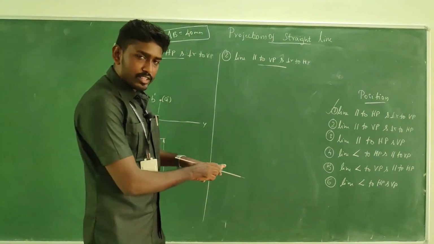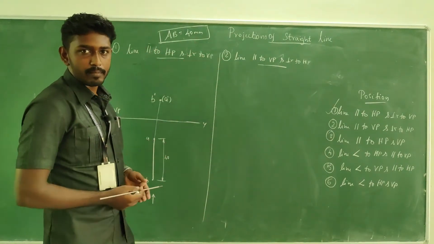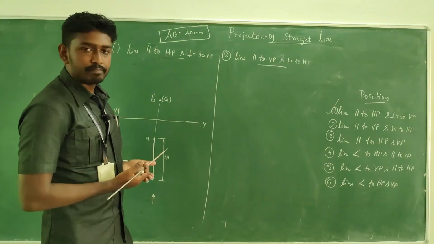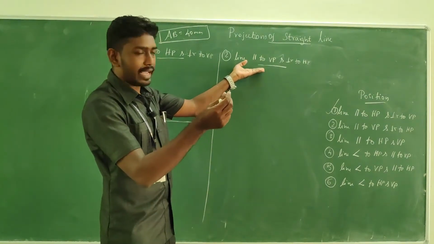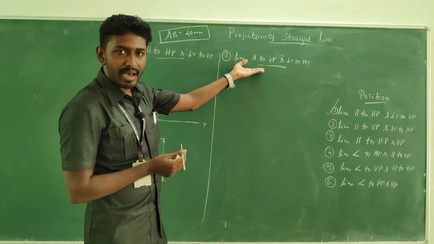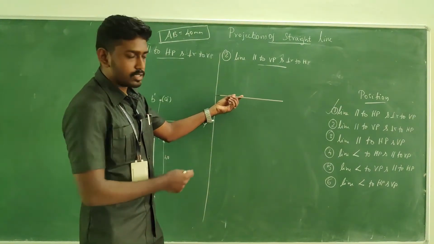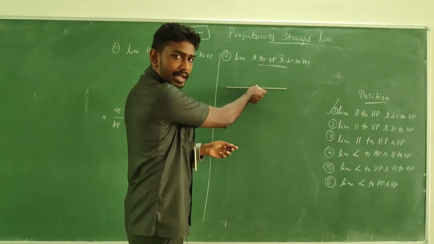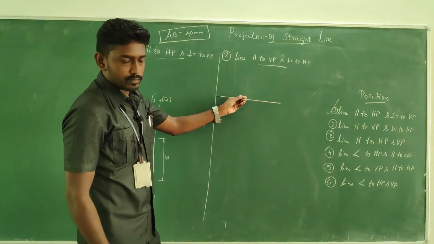The same, you have to consider the ground as a horizontal plane and this board as a vertical plane. So if it is so, how do we have to place the object, how do I have to place my line parallel to VP? So if it is parallel, I can keep it like this. Am I right? Now it is parallel, and which is perpendicular to HP.